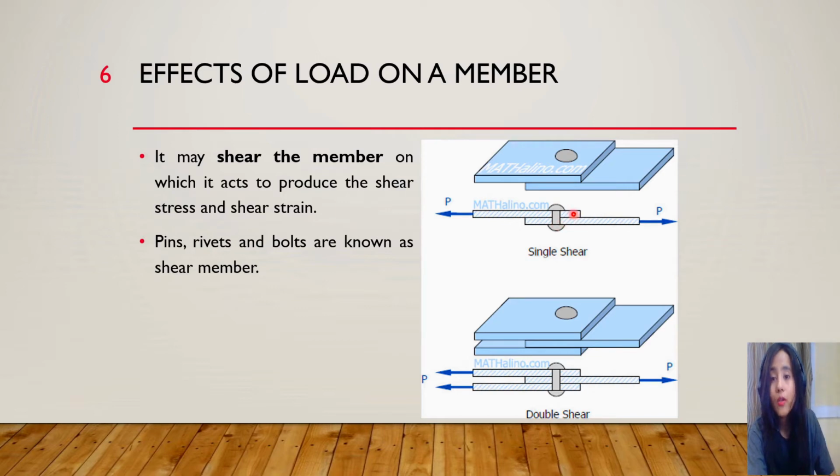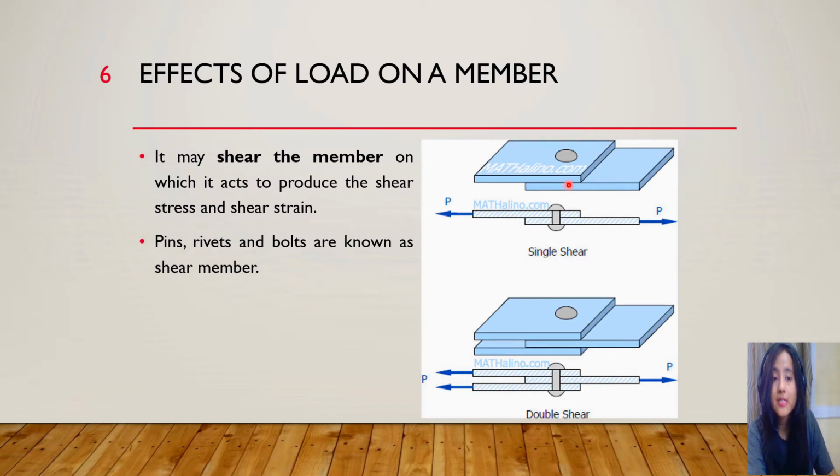Now this plate here is being pulled in this direction, and the other plate here is being pulled in the opposite direction. When they are pulled in opposite directions to each other, there will be a force produced in between here, and those forces produced in between are called shearing force.